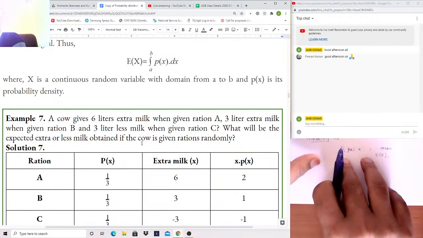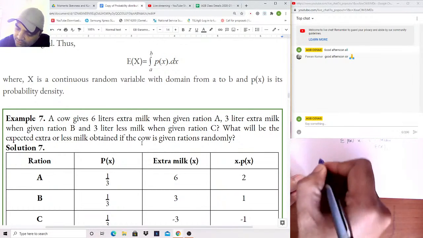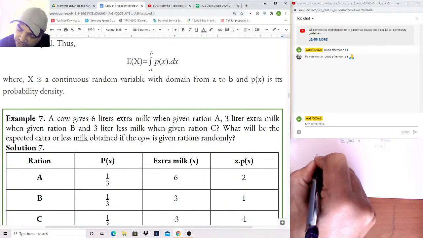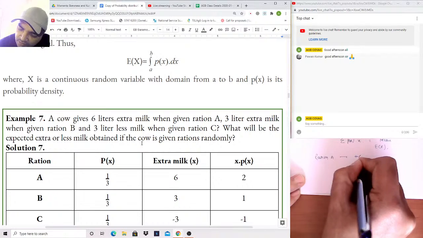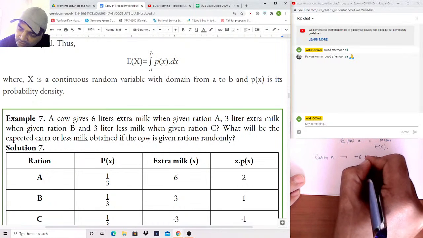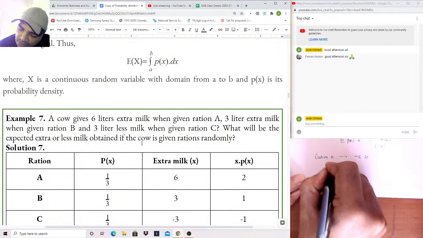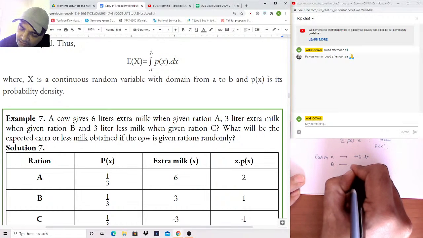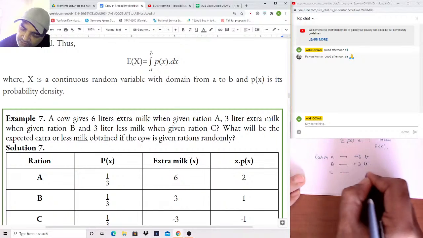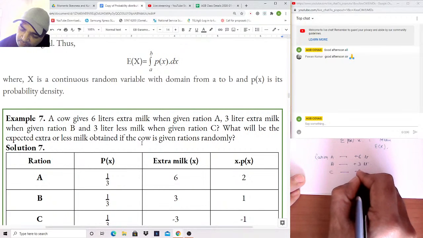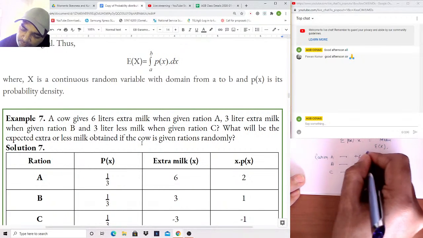When ration A is given, it gives plus 6 liters of milk. If ration B is given, then it gives plus 3 liters. And if ration C is given, then it gives minus 3 liters from the base value.